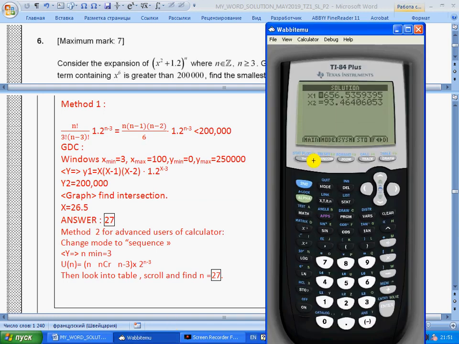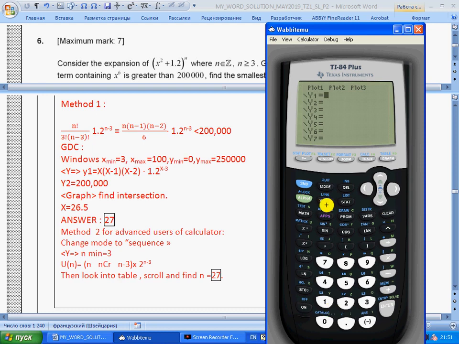So first of all, we clear everything. Second, quit. Y equals, clear. Now our function.